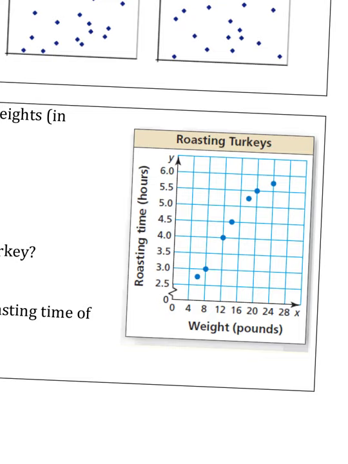I'm going to choose this point, 8, 3, this point right here, 25.5. And you can choose any 2 points you want for this problem that fit the direction and the trend of the data.